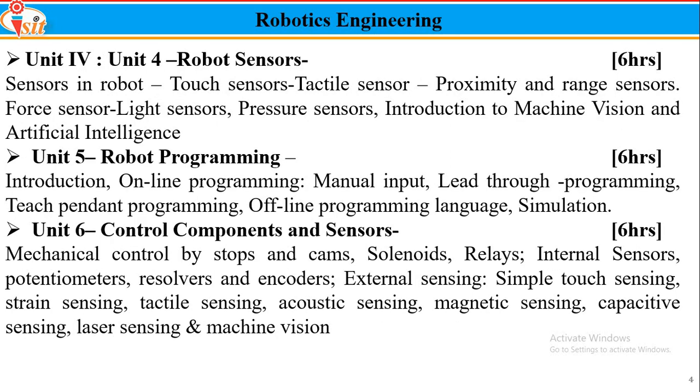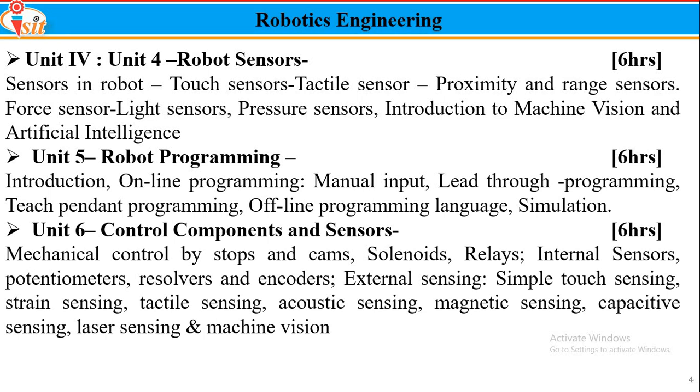Unit number 4 is related with robot sensors. As you are aware, different sensors are used everywhere, for example pressure sensor, temperature sensor, etc. Similarly, in case of robots, different sensors are used, that is touch sensor, tactile sensor, proximity sensor, range sensor.